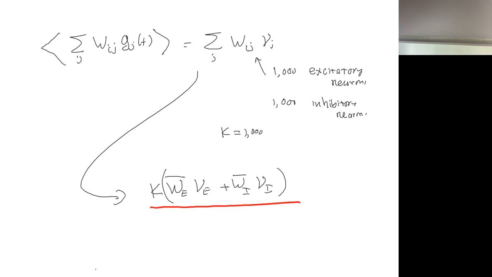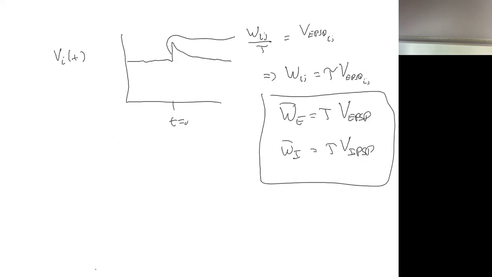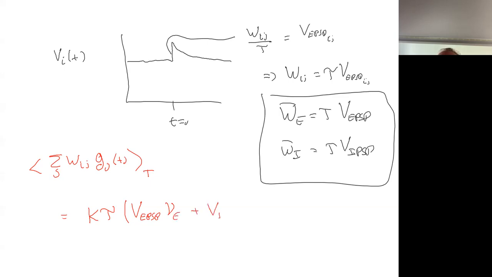So we can write this as the average of the sum over j of W_ij times the spike train of t, averaged over time, is equal to K tau times V_EPSP nu_E plus V_IPSP nu_I.